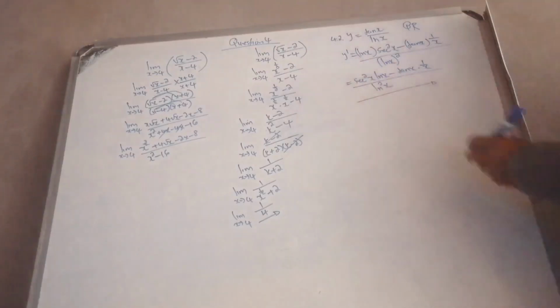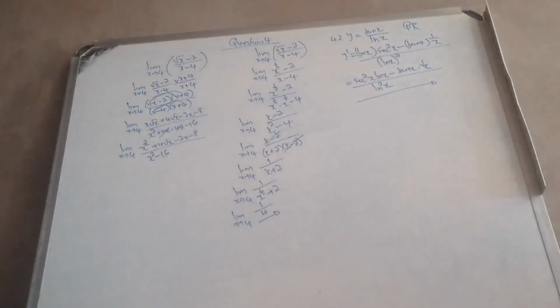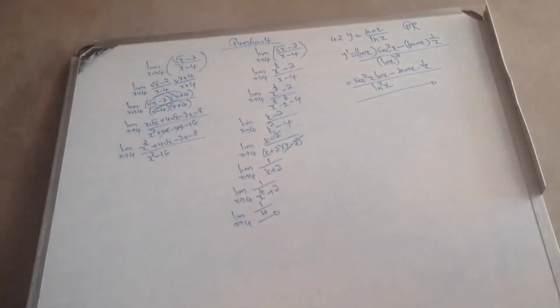I don't think there's any other thing that we should do there. We will have our sec squared x ln x minus tan x times 1 over x, divided by ln squared x. I think that's exactly what we should have.